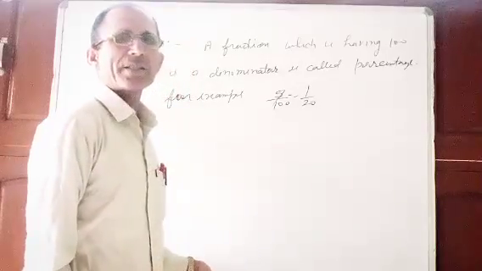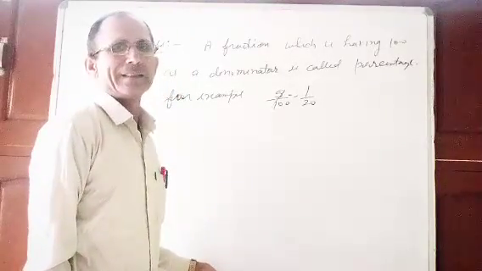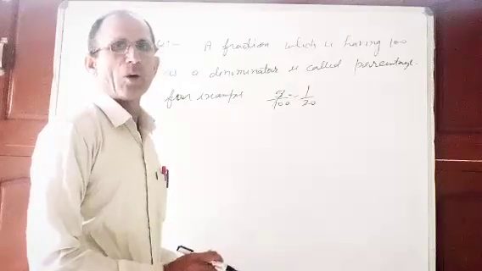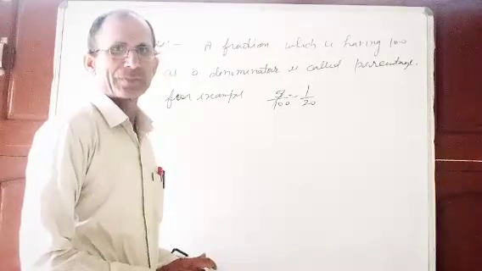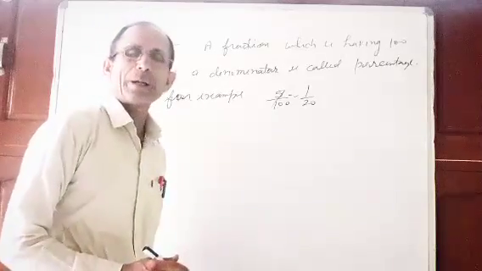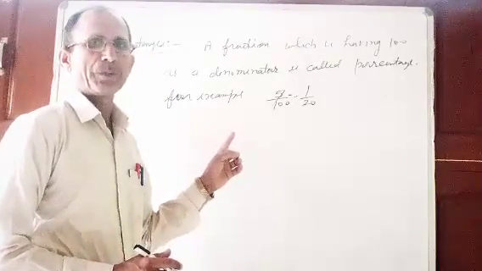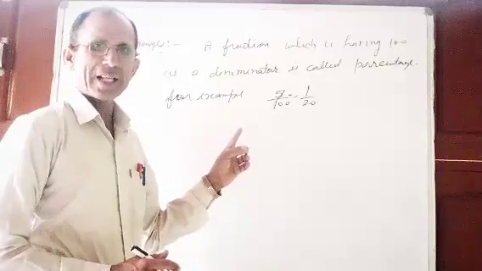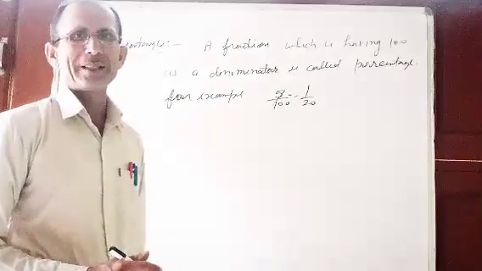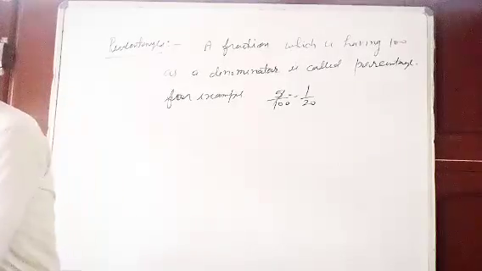So 5 is included 20 times in 100. So this is the meaning of percentage. Any doubt, any confusion? So percent means per 100, and it is written in the form of a fraction having 100 as a denominator. This is called percentage.